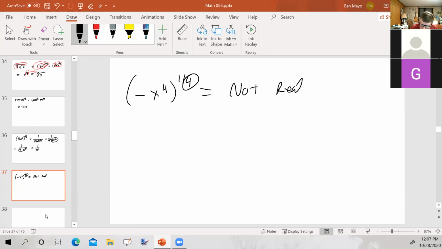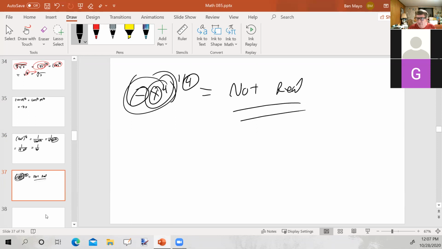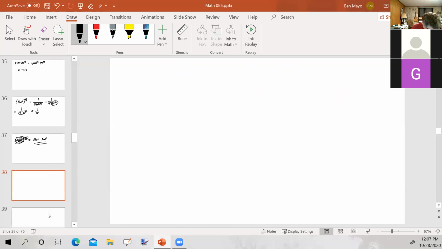Okay, now let's go through this. If x is positive or negative, when you raise it to the fourth power, it's going to be positive. But if you put a negative sign in front of a positive, then this whole thing is going to be negative. So you're taking a fourth root, an even root of a negative number, no can do. All right? Does your brain hurt? Okay. Nobody answered that one, huh?